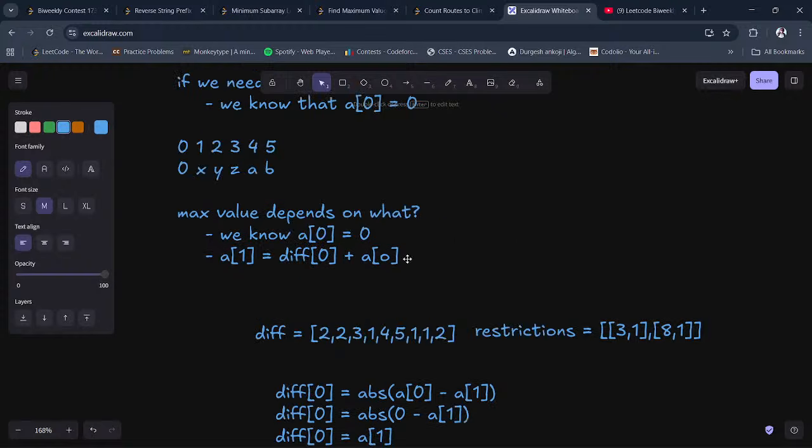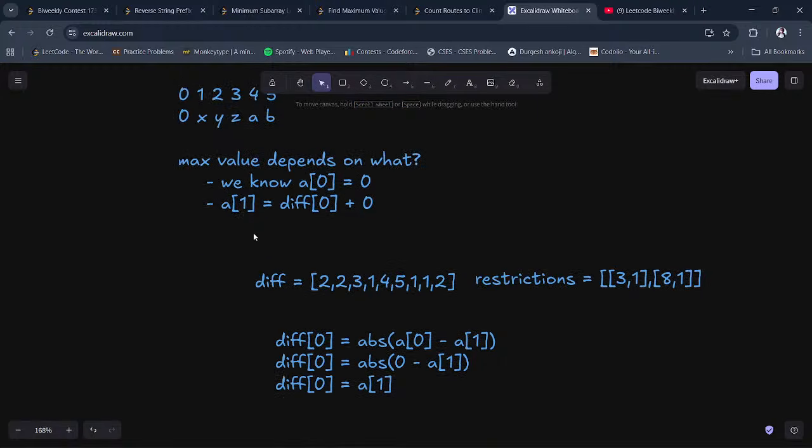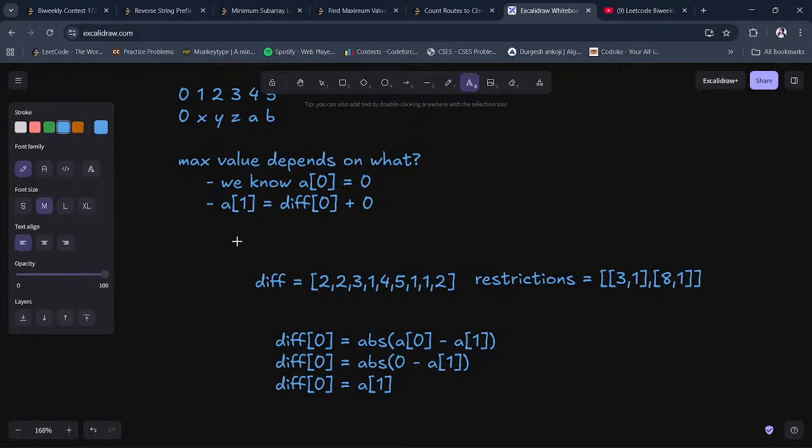If I substitute a of 0 as 0, then a of 1 will become difference of 0, right? So we fixed two things. But we can pre-compute those values, right?